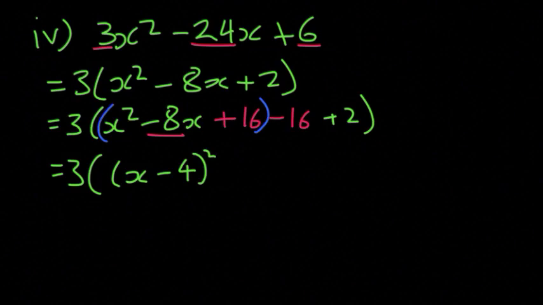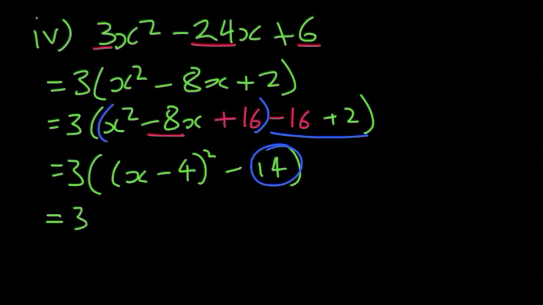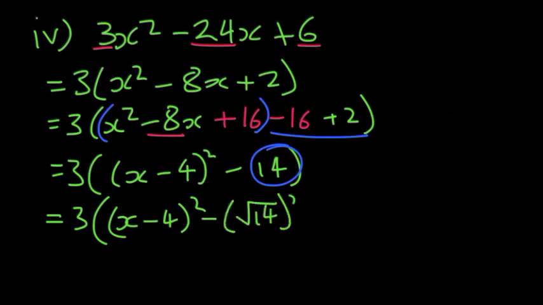And then when I look at this part at the end, minus 16 plus 2, that's going to give me minus 14. And we do the usual process of thinking of this minus 14 as the square root of 14 all squared. So we'll have 3 outside of x minus 4 all squared minus the square root of 14 all squared.